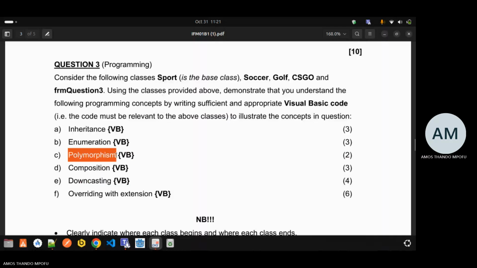So we have this polymorphism. Let me see. So polymorphism, right? I don't know how, because the only way you can denote polymorphism is if you have some function, right? They didn't specify.